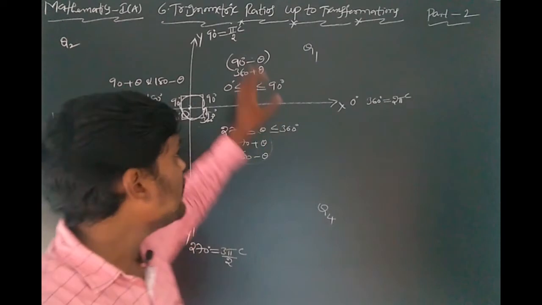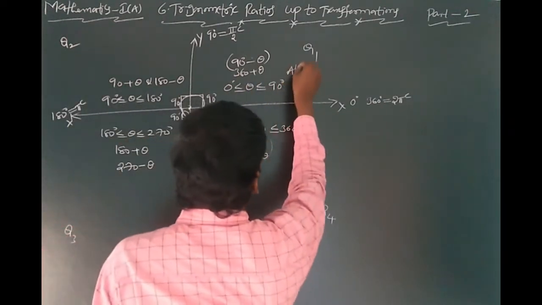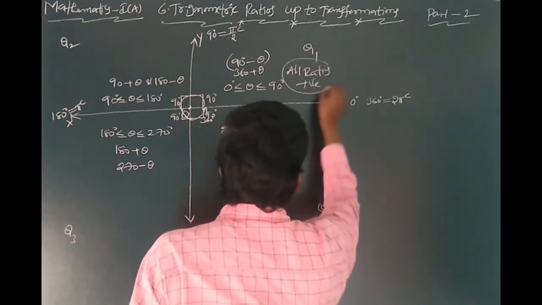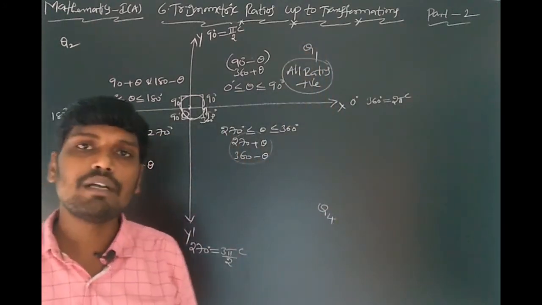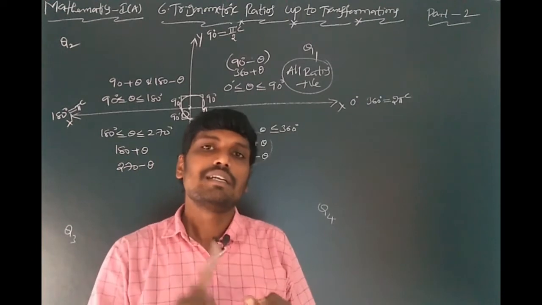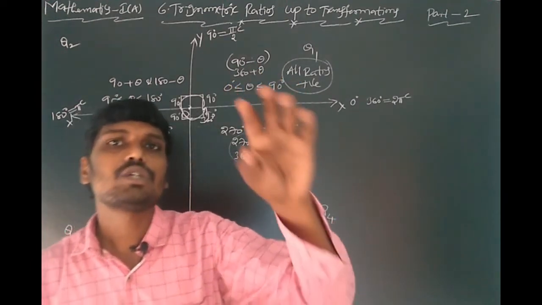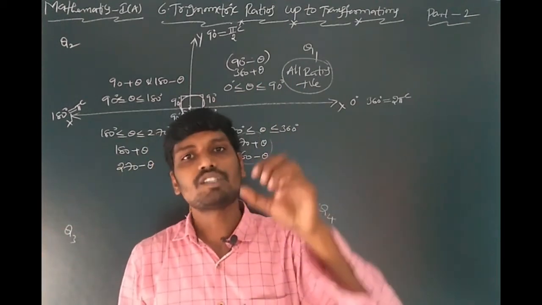After that, in the first quadrant, all ratios are positive: sine, cos, tan, cot, secant, and cosecant. These 6 ratios are positive in the first quadrant.